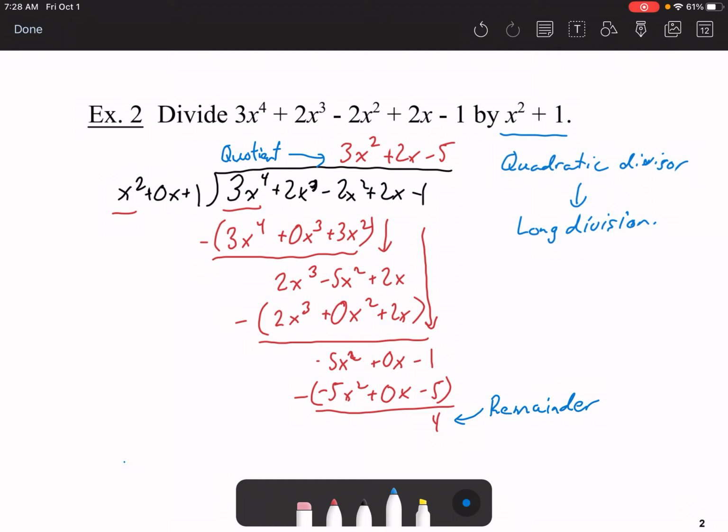A division statement takes your original dividend, which is 3x to the 4 plus 2x cubed minus 2x squared plus 2x minus 1, and equates it to the divisor times the quotient plus the remainder.